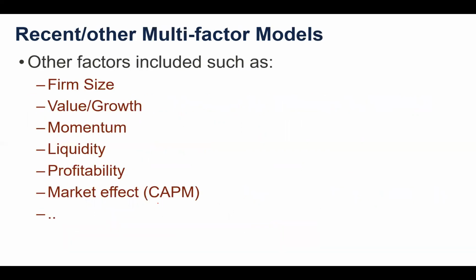And other multi-factor models have been developed by Fama-French as well, and they can include other factors such as momentum, for instance, or liquidity or profitability. And there are other factors that can be included, but the logic behind it is the same.